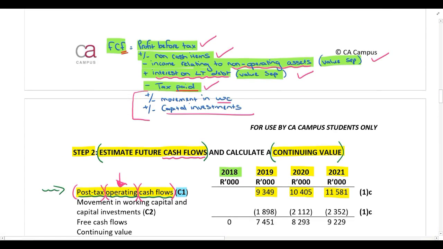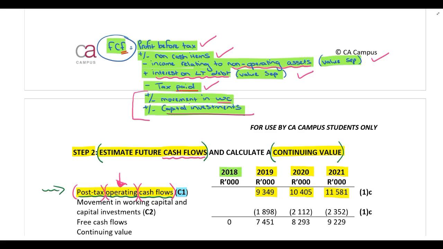So in order to complete this calculation of free cash flows, we need to take into account the movement in working capital, and then after that we need to take into account any movement or any additions or disposals of capital investments. So for example, if the company disposed of any property, plant and equipment during the period, that must be taken into account, or if they acquired any new property, plant and equipment during the period, that must also be taken into account.